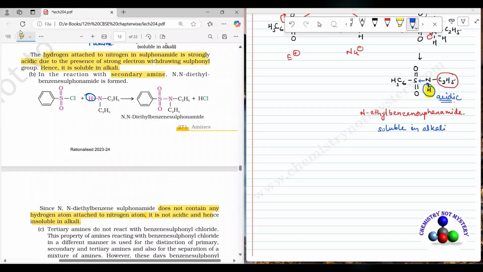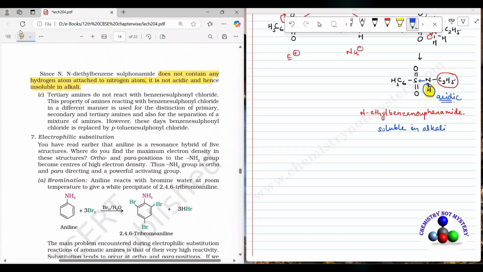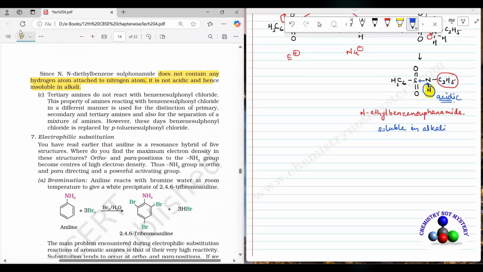When you react a primary amine with the Hinsberg reagent, you will get an amide which is soluble in alkali. But when you react a secondary amine with the Hinsberg reagent, you will get an amide which is insoluble in alkali. Now come to the tertiary amine. Tertiary amines do not react with benzenesulphonyl chloride. Now let's try to write the reaction of the Hinsberg reagent with a tertiary amine.